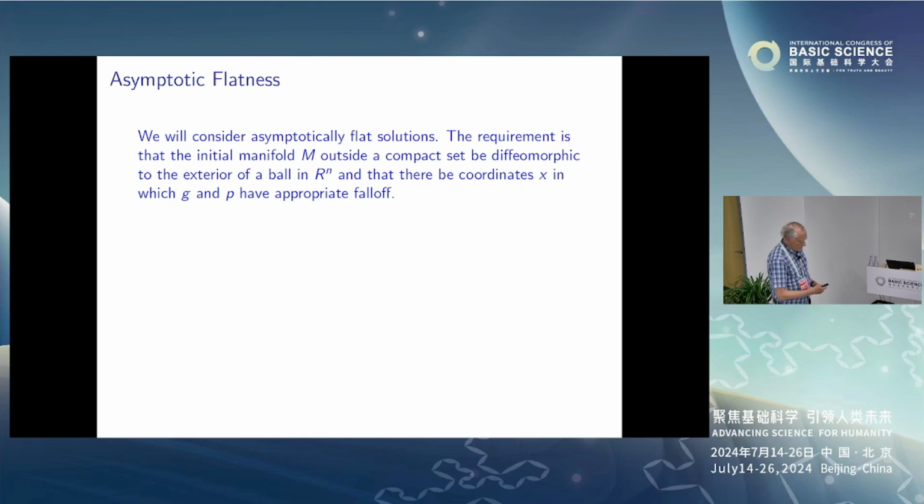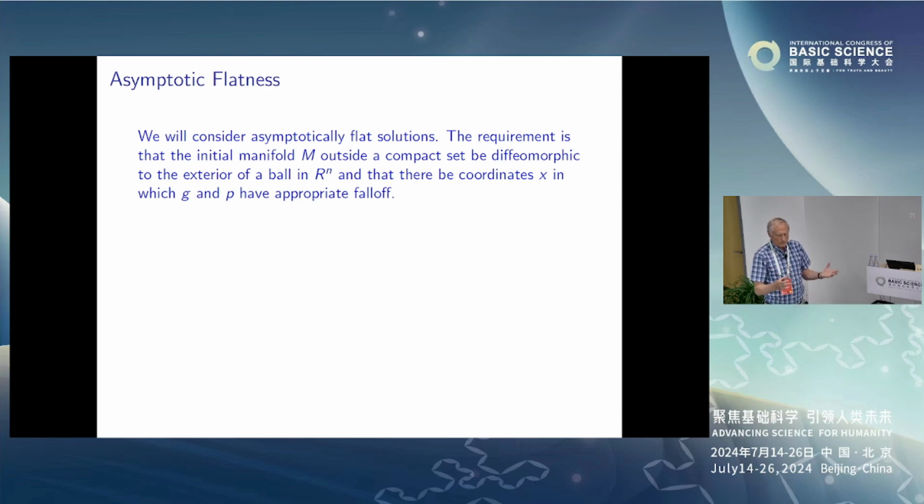I'm going to be interested in the talk in complete solutions which are what are called asymptotically flat. This is a very natural class of solutions of the Einstein equations. It corresponds to what are called isolated systems.